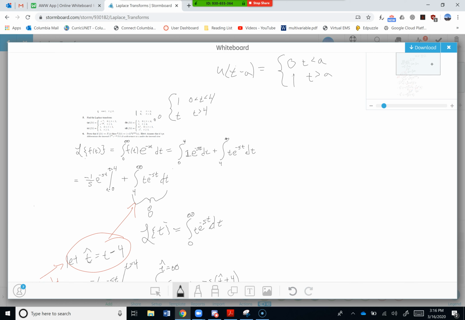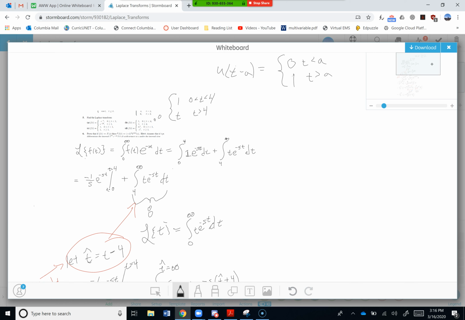Does the idea of that function make sense? So u of t minus a is 0 for t is smaller than a, and then it's 1 for t bigger than a.